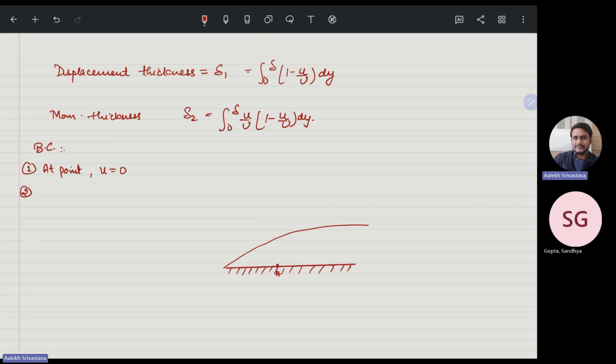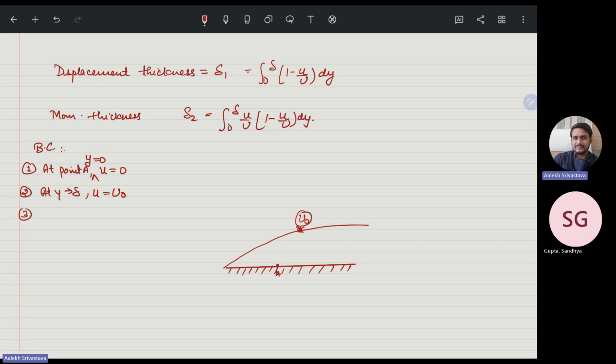Second thing is, at point A, y is equal to 0, you have u equal to 0. At y tends to delta, you have u tends to u naught. This is the boundary layer, because here we assume that the velocity is the free stream velocity.